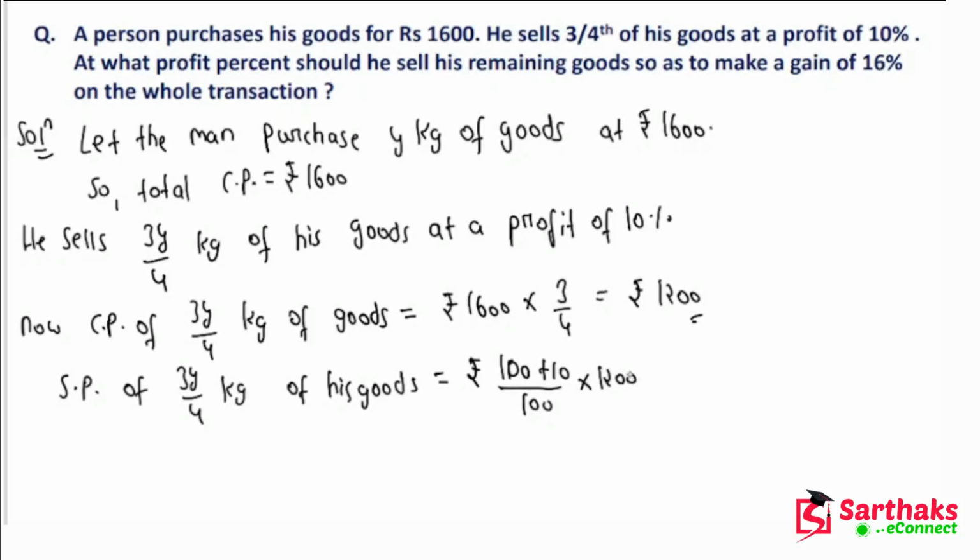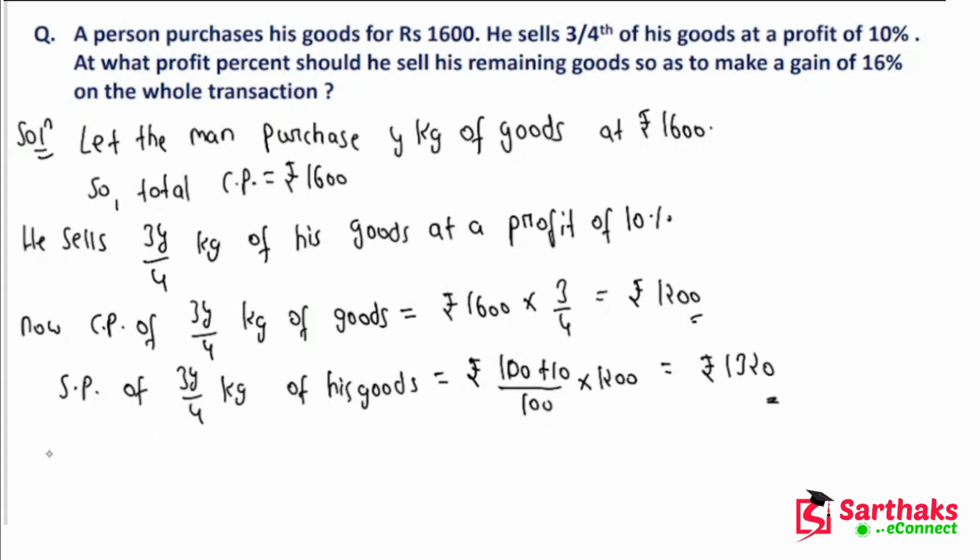CP is 1200 over here. So cancelling out the zeros, we will get rupees 1320, right? Obviously 1320 is 1200 plus 120. 120 is 10% of 1200, that is he is making a profit of 10%. Okay, so the selling price of his goods is rupees 1320.